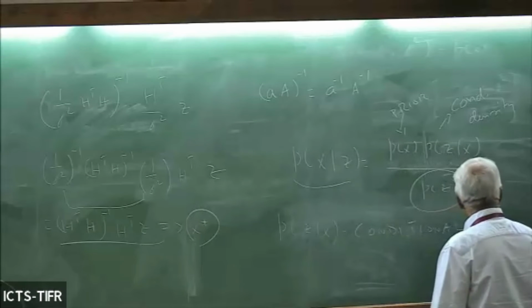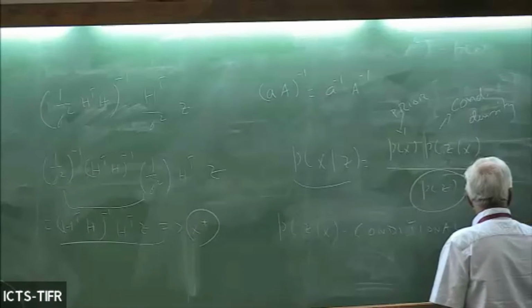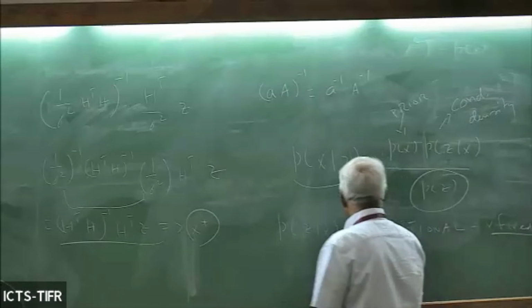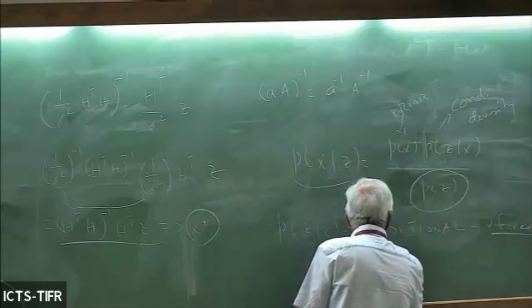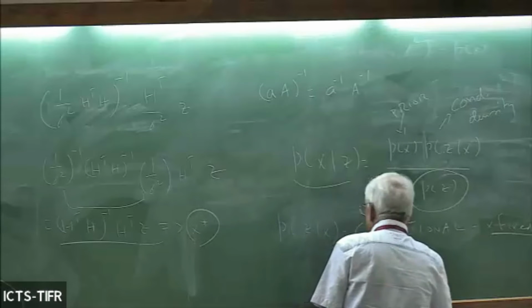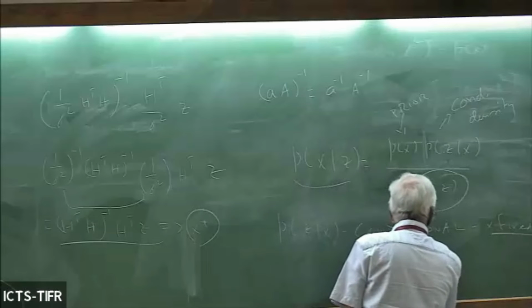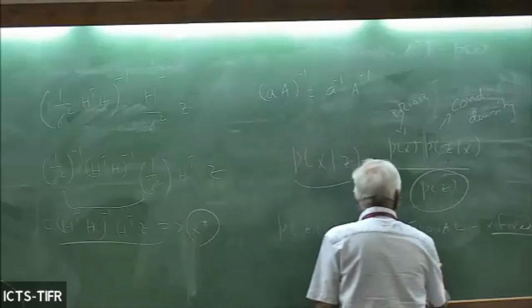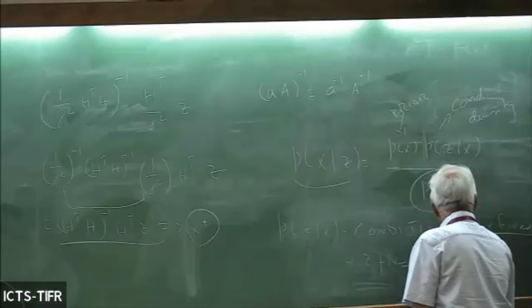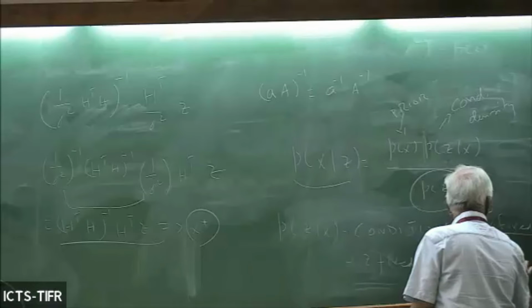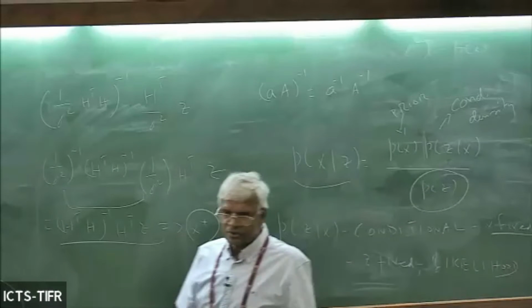Now, here X is fixed. If Z is fixed and considered as a function of X, this is called likelihood. That's the standard definition in statistics.